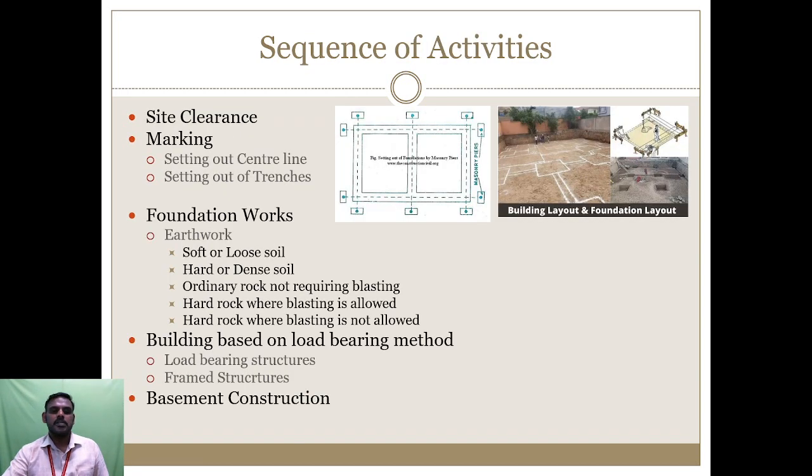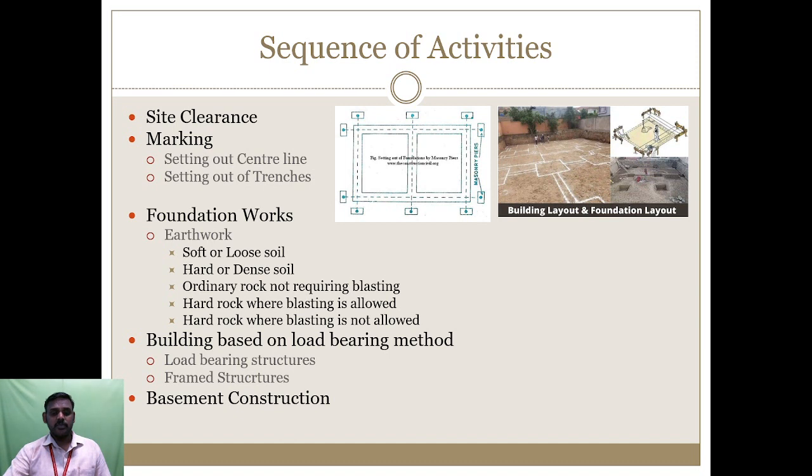Site clearance: the site should be at a proper level and site clearance has to be done. Then marking: there are two types of marking, center line marking and trench marking. The column portions also have to be marked. Foundation: based on the soil type we have to go for earthwork.